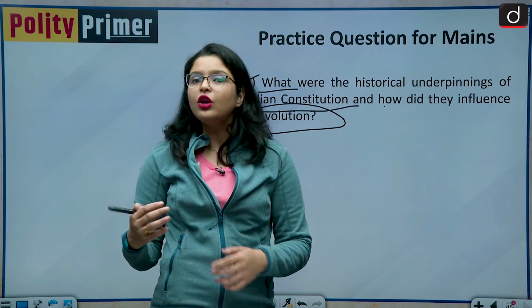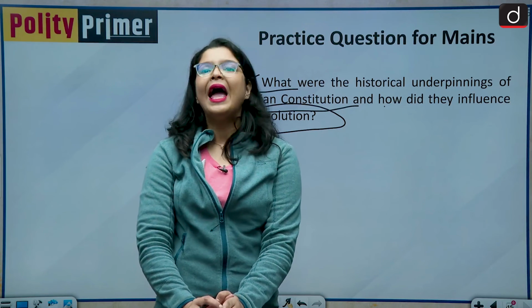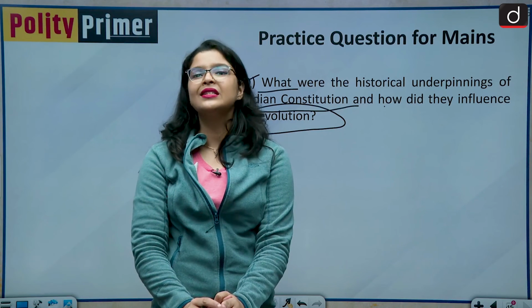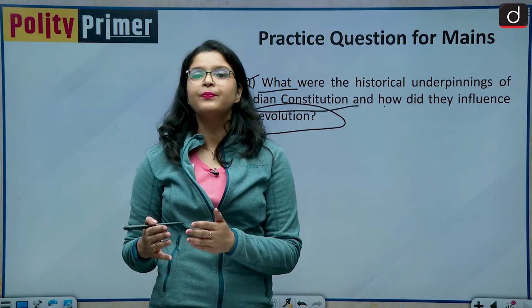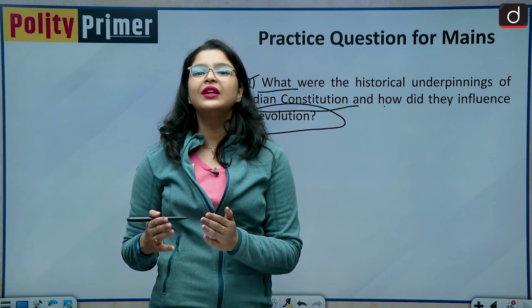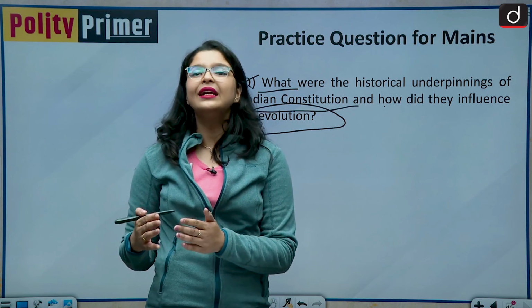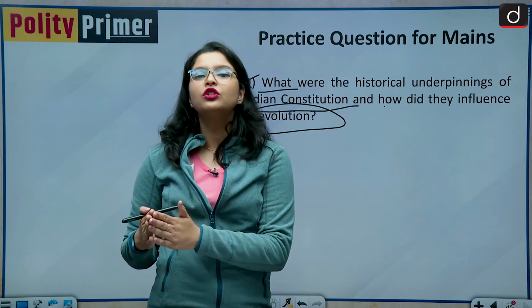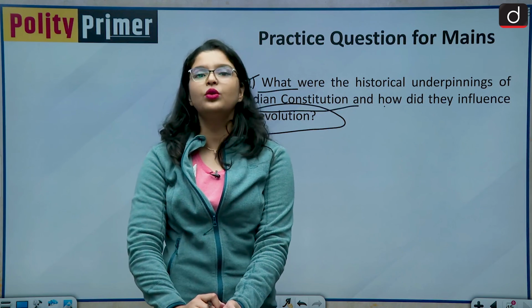So you can discuss all of the important legislations which I have discussed today, and you can conclude holistically that our Indian Constitution has been inspired from the British Acts, and these historical underpinnings have had a significant impact on the formation of the Indian Constitution and its evolution.